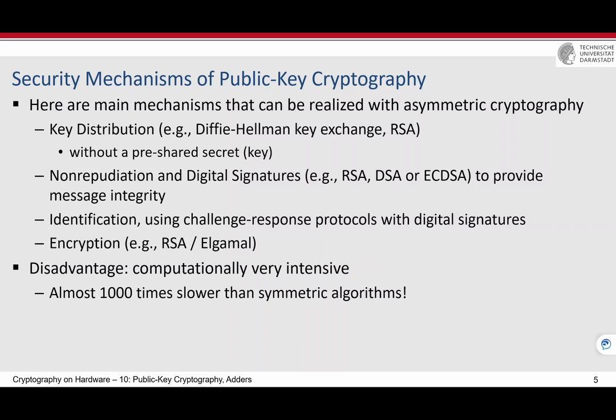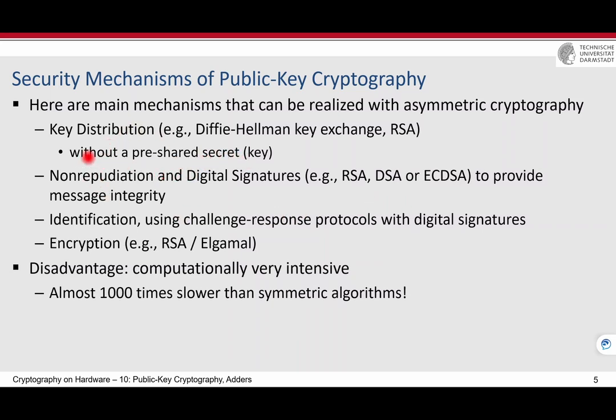There are different security mechanisms that you already, I guess, learned in lectures like Introduction to Cryptography. You need key distribution for Diffie-Hellman key exchange, for example, or RSA, where you don't need a pre-shared secret key.